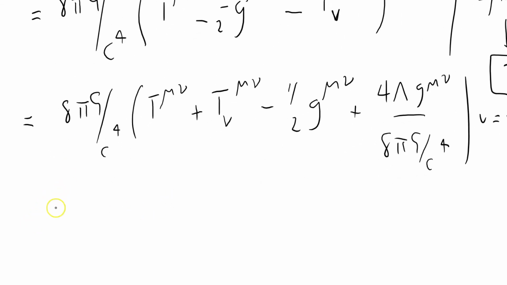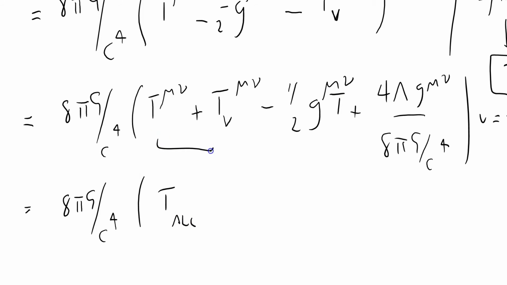Now then, I'm going to consolidate. It's 8 pi G upon c to the power 4, there should be a T there, into T all, that's everything together, mu nu, minus a half g mu nu, just factorising these terms here, T plus T vacuum.